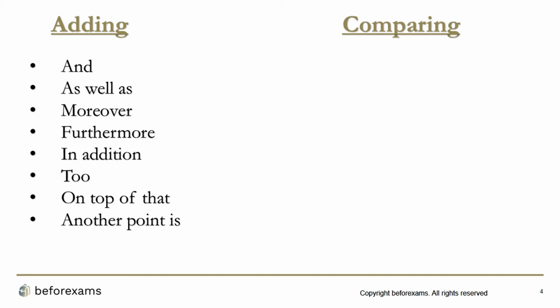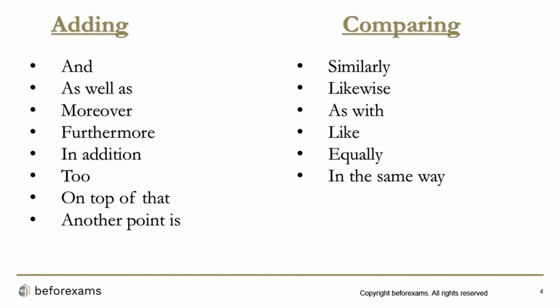The adding connectors are: and, as well as, moreover, furthermore, in addition to, on top of that. These are the commonly used adding connectors. What you have to do is your research, and then make 2 sentences out of each connector. Then comes the comparing connectors.